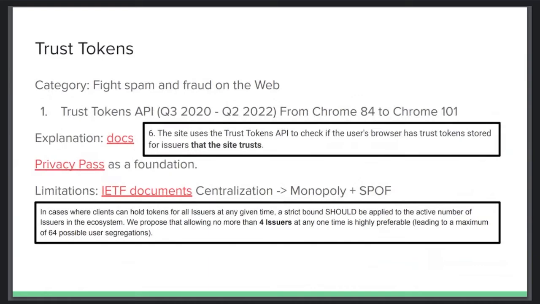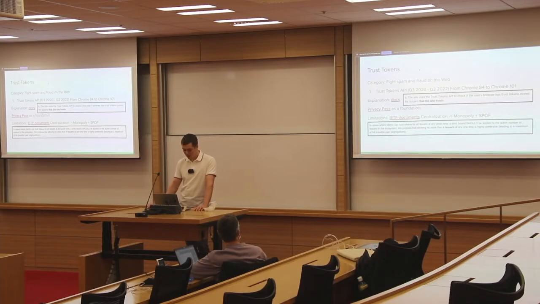So there are categories of projects. The first category is aimed at fighting fraud on the internet. And the project introduced here is Trust Tokens. The idea is quite simple. In case this project is implemented, there will be several additional parties introduced on the internet. One of these parties will allow confirming that a user is a real human.